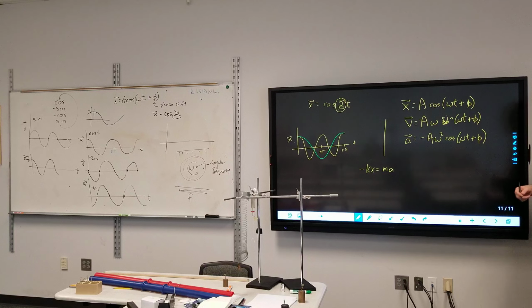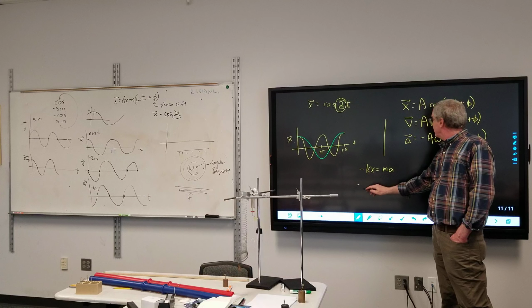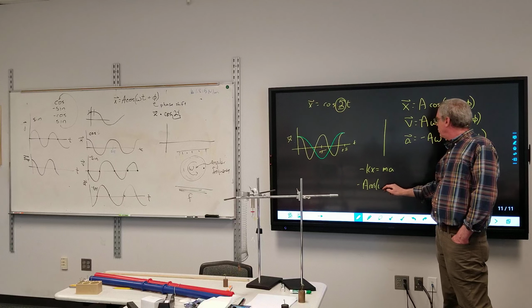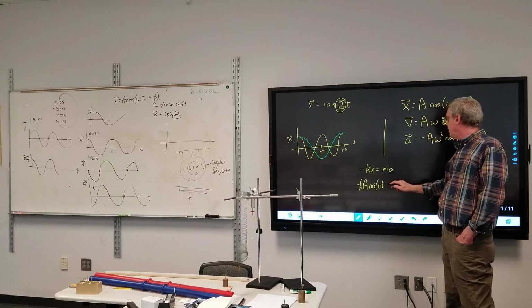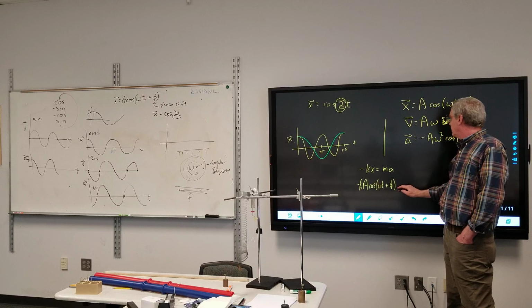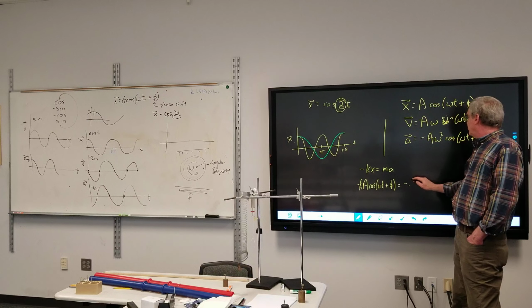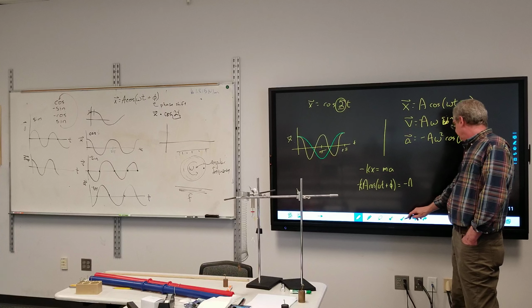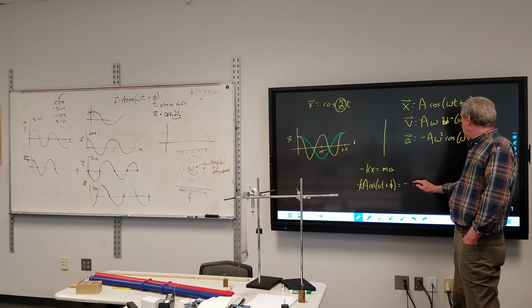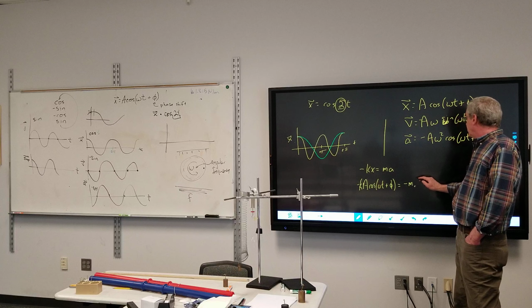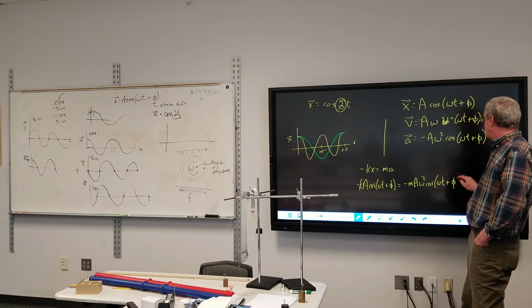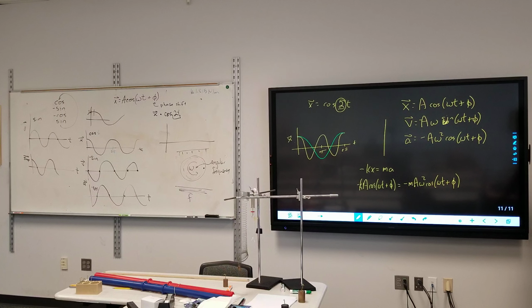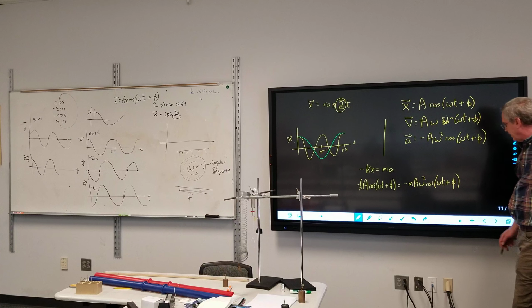I have my formula for x: negative kA cosine of omega t plus phi equals negative mA omega squared cosine of omega t plus phi. Well, I have cosine on both sides, so I can cancel it out.